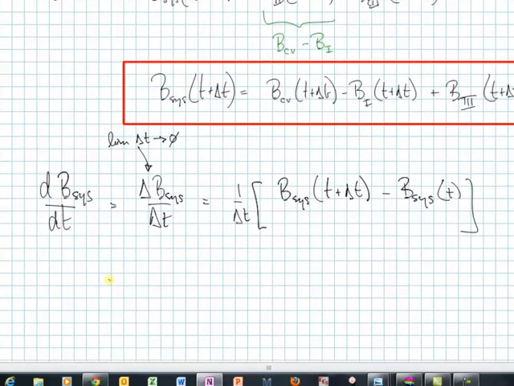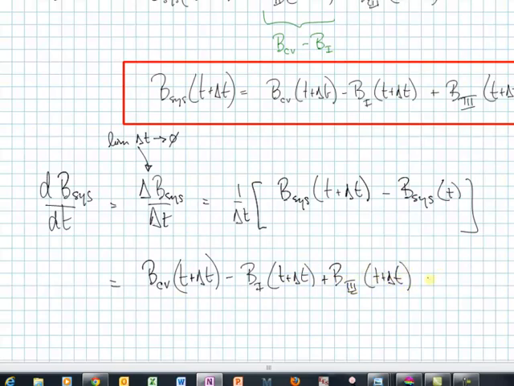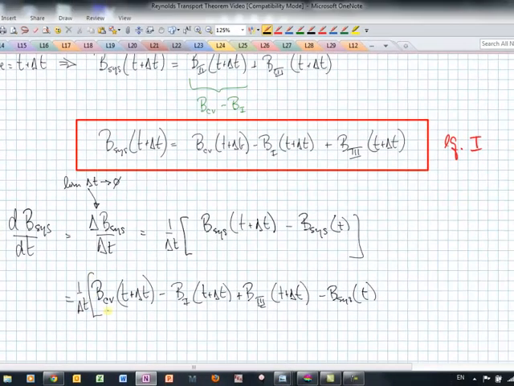We plug in from what we've got for equation 1, which is BCV of t plus delta t minus B1 t plus delta t plus B3 of t plus delta t, minus B sys at t, all that divided by delta t.